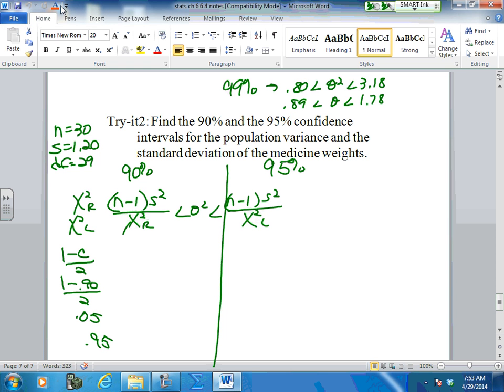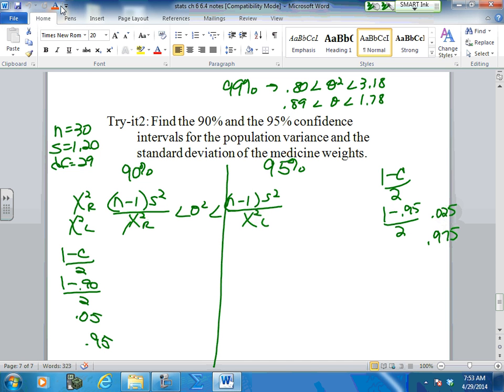For the 95%, 1 minus 0.95 gives us 0.05, sorry, this is 0.025, and the other one is 0.975. Everybody see what we're doing here? We're looking up your two values. Those are the only two values that change.